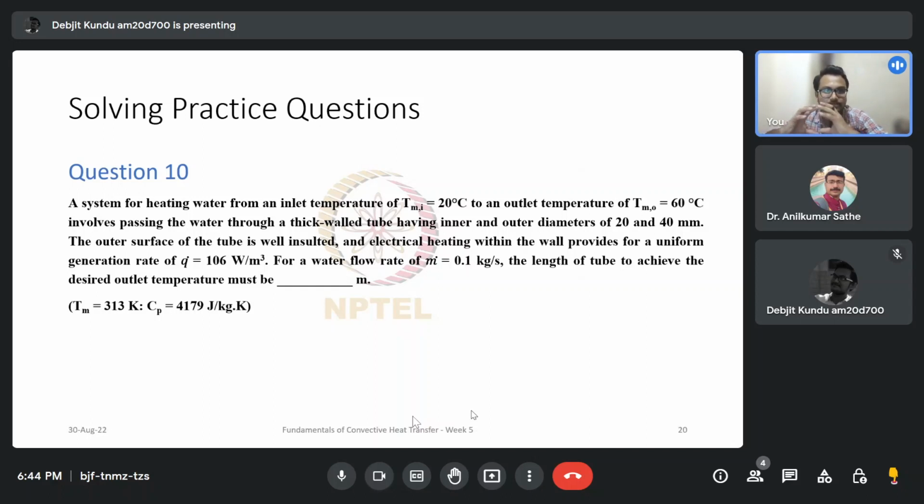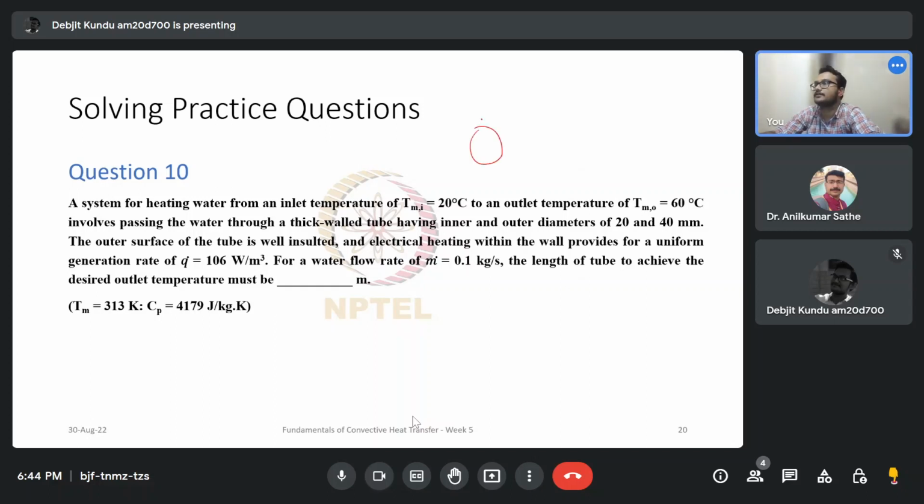So there is a heat generation within the block, within the pipe itself. It's a thick walled tube, and within that there is a volumetric heat generation. Now, for a water flow rate of m dot equal to 0.1 kg per second, what must be the length of the tube to achieve the desired outlet temperature of 60 degrees Celsius? So I'll draw a quick figure of this.